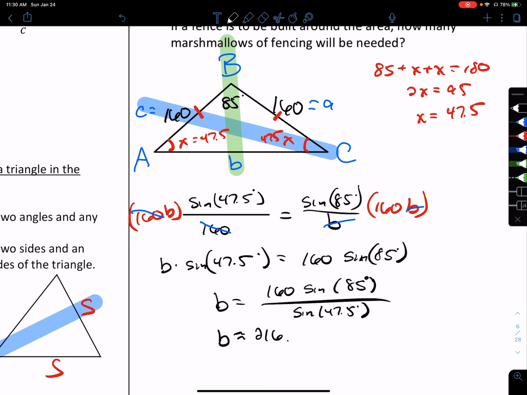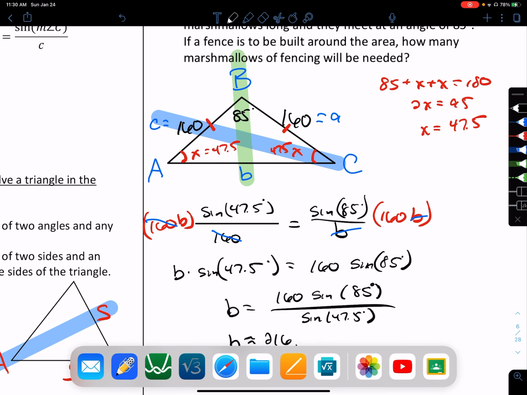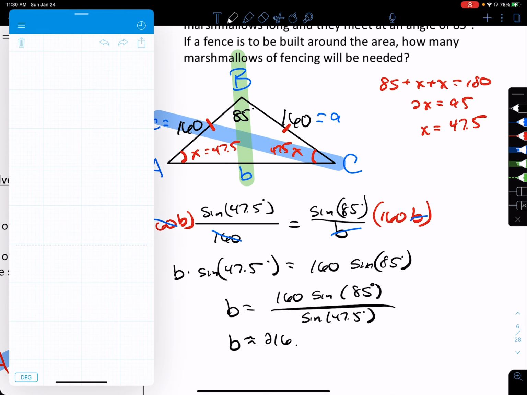Here's why I didn't. I've told you always round to 3. The directions say how many marshmallows. So if it says how many marshmallows, well, let's not be a hypocrite. Let's get my calculator out. See, we're in degrees. 160 sine of 85 divided by sine of 47.5.